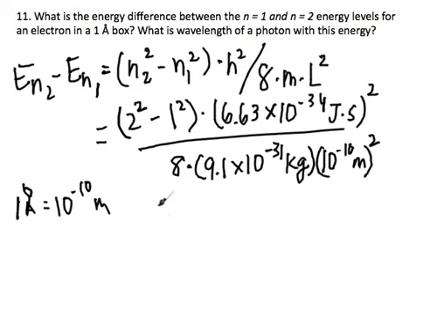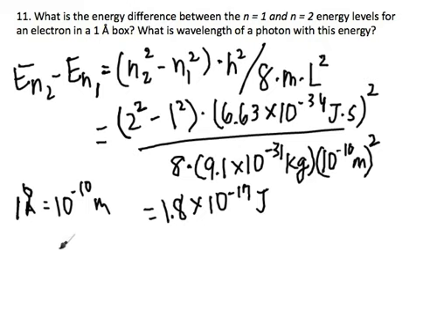So using our calculator, we will get an answer of 1.8 times 10 to the negative 17 joules.